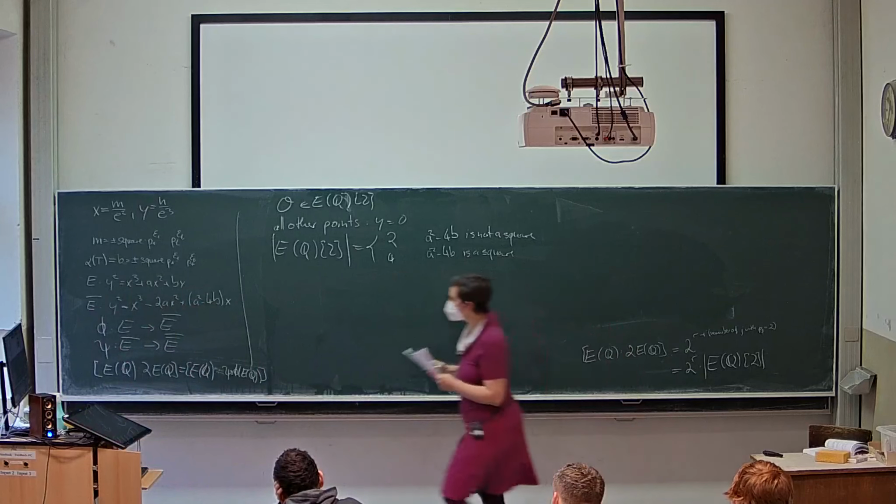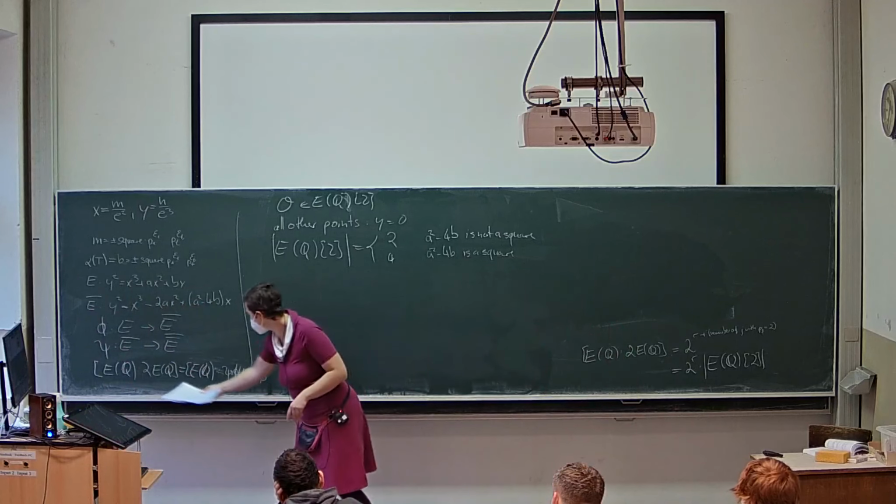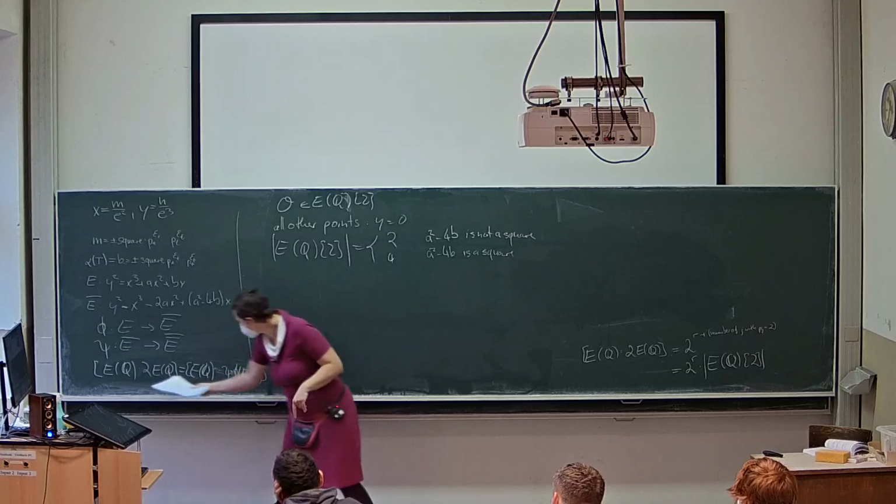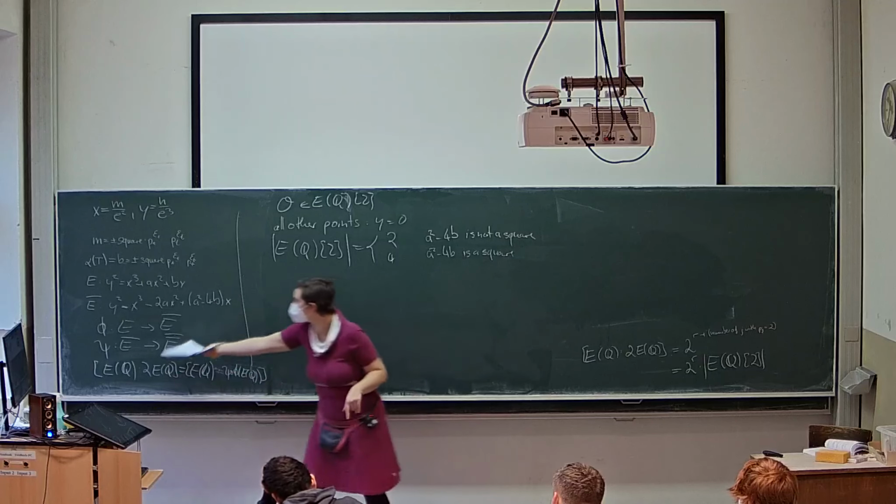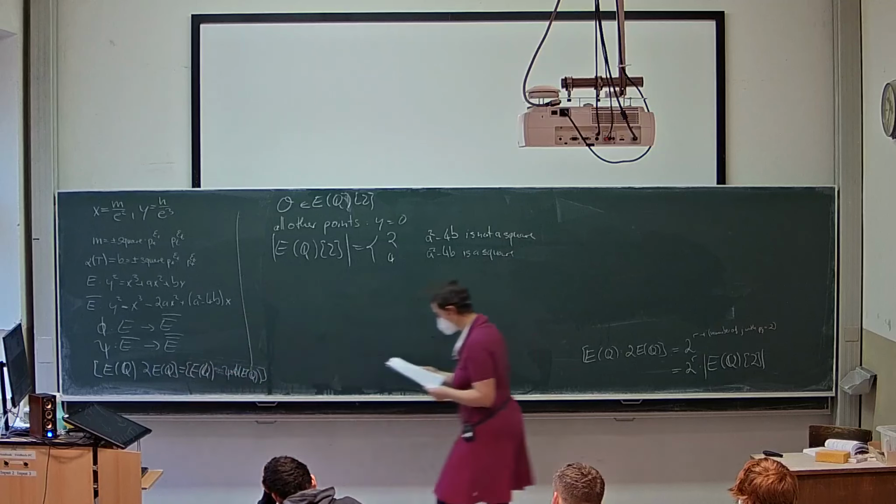Because we had that 2EQ is the image of the composition of those homomorphisms.